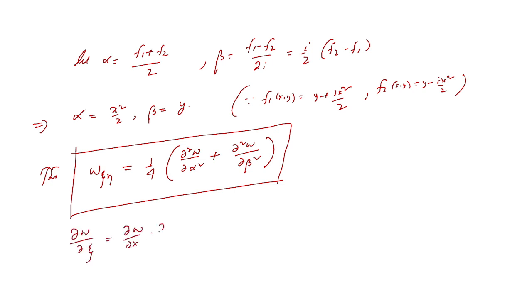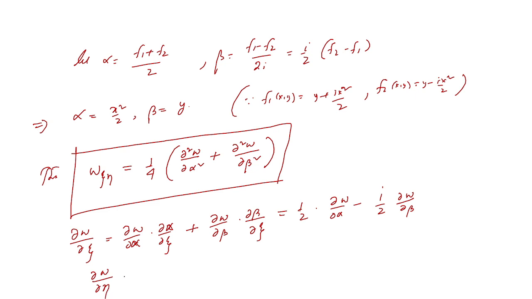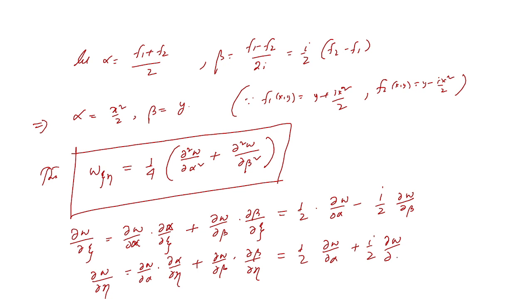That will be ∂ω/∂α ∂α/∂ξ + ∂ω/∂β ∂β/∂ξ. From that we can write ½ ∂ω/∂α - i/2 ∂ω/∂β, and ∂ω/∂η will be ½ ∂ω/∂α + i/2 ∂ω/∂β.